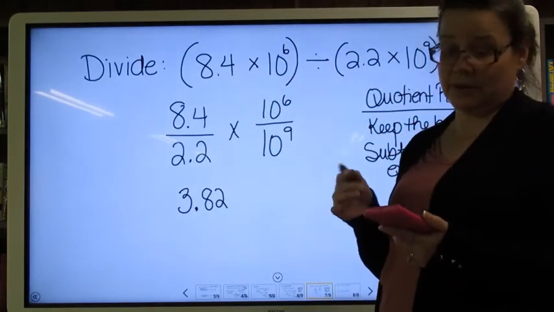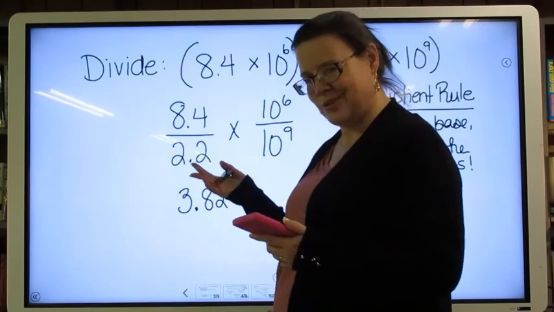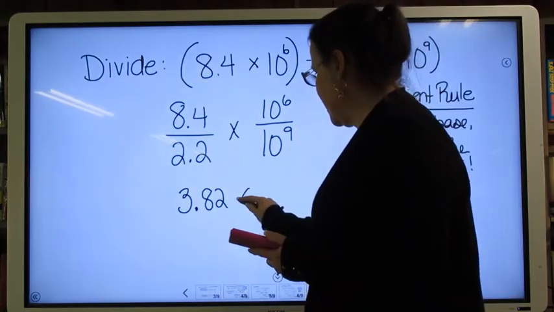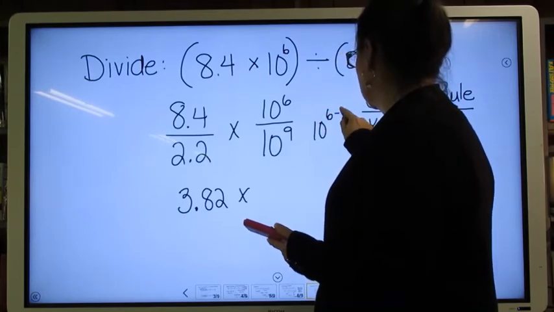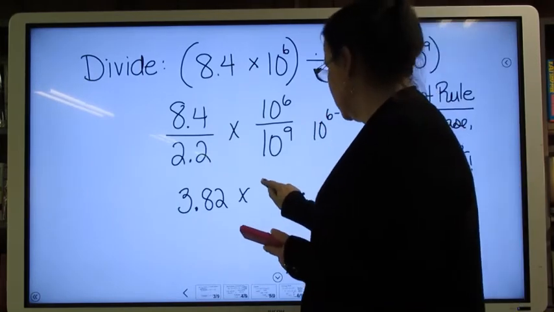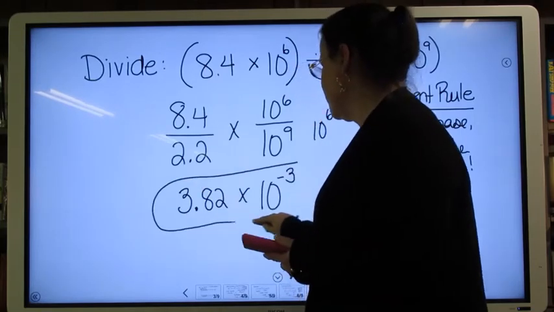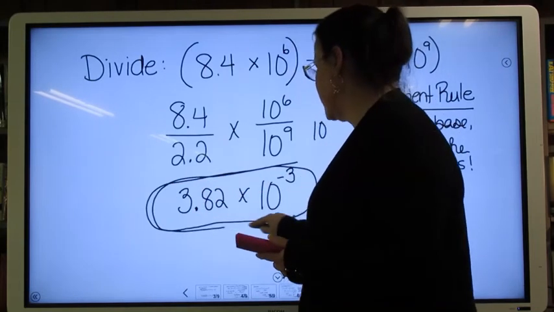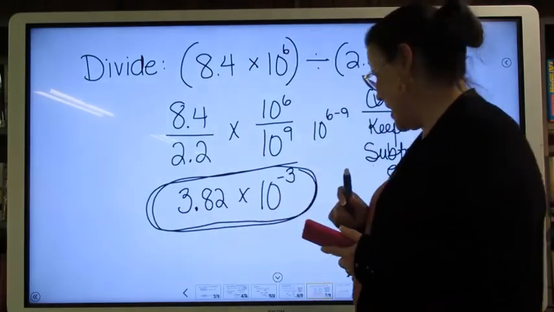We'll round it to the nearest hundredth because it's 3.81818181 and it's a continuing decimal. And then to subtract, we would keep the base, subtract the exponents, it's going to be 10 to the negative 3. And that would be the final answer. We don't have to change the first one because it's already greater than 1 and less than 10.